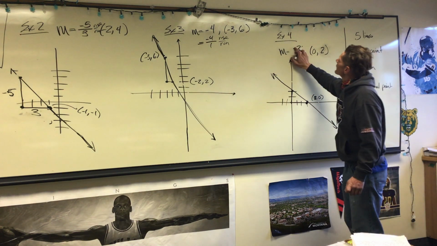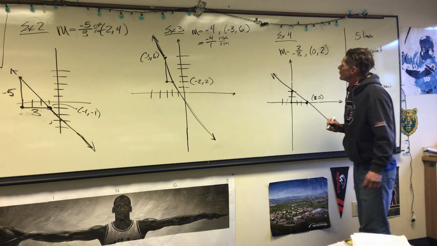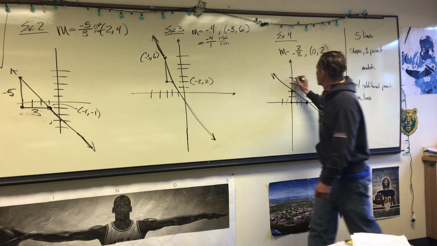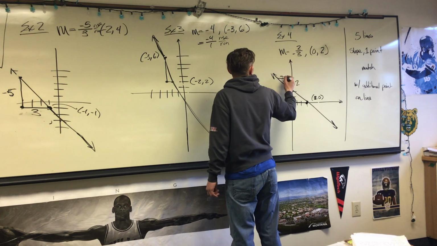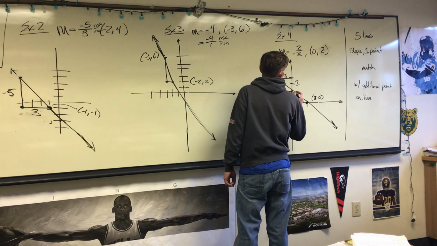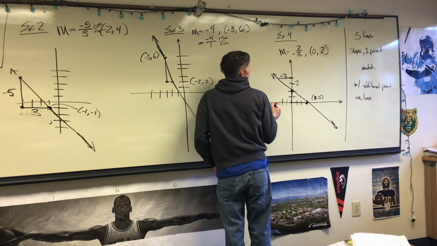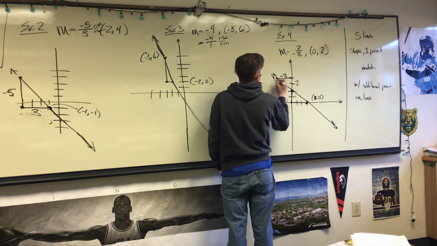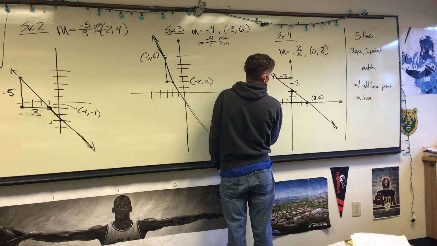If you had put the minus down here, you would have gone up 2 for every 3 to the left, and you would have ended up here. And the coordinates of this point are 4, -3.